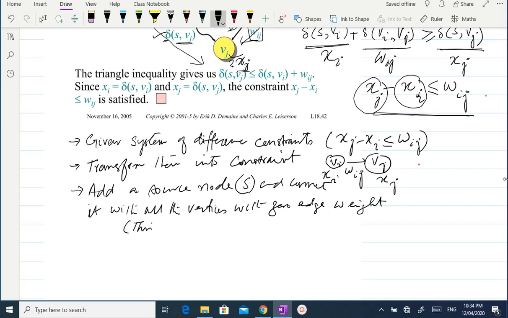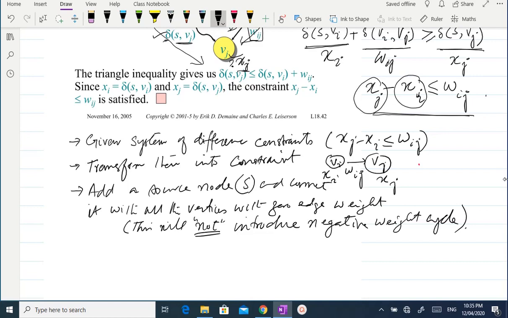The important thing is that this will not introduce a negative weight cycle unless there is already a negative weight cycle.